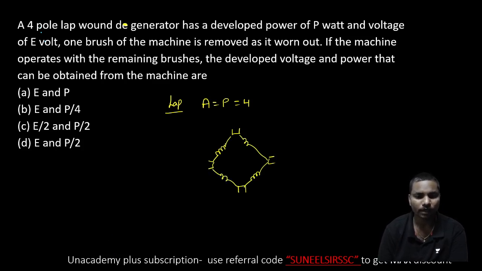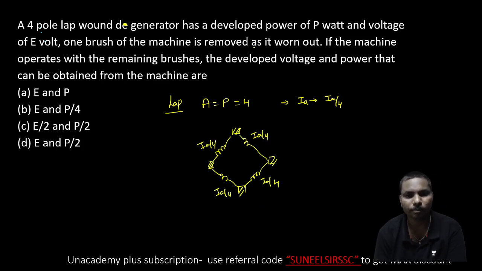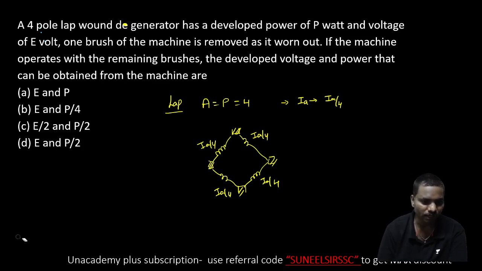If it is 4 parallel paths, then what is the current? Current will be divided as Ia by 4 in each parallel path. Here Ia by 4, here Ia by 4, here Ia by 4, here Ia by 4. Now they have given that one of the brushes is worn out.